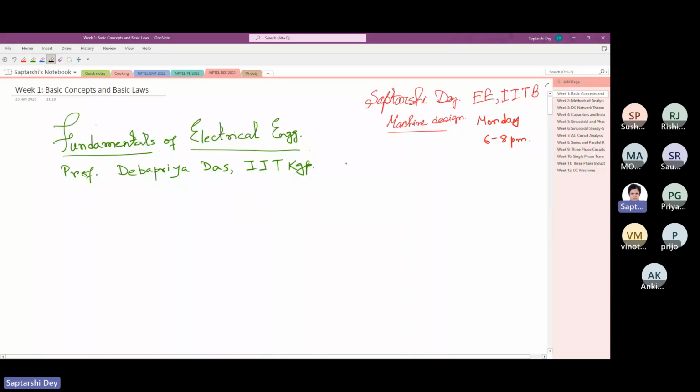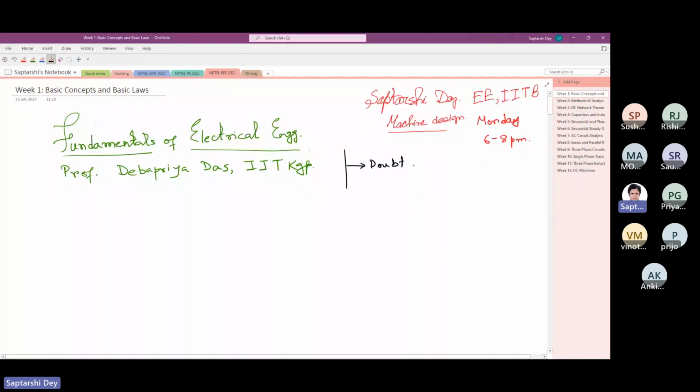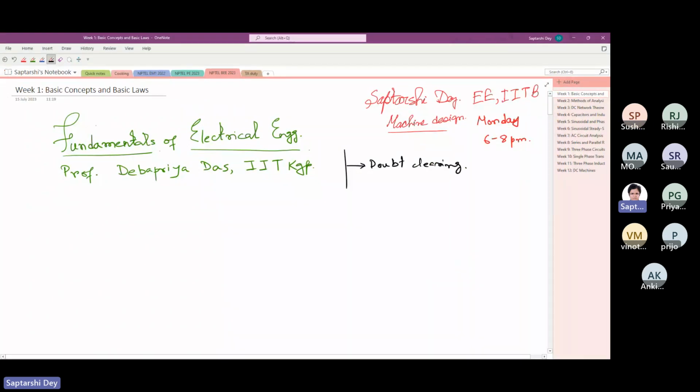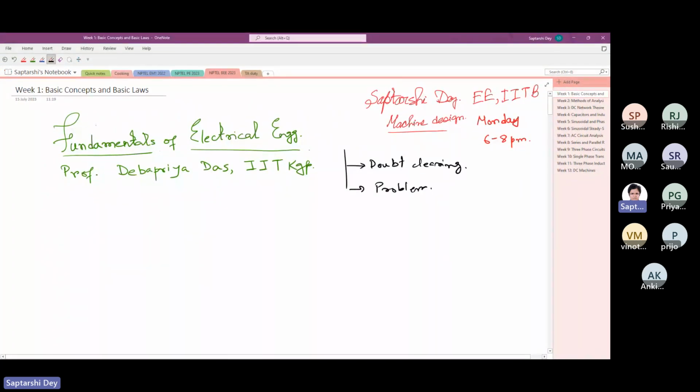What I generally do is, at the very beginning of the class, start with doubt clearing, that is, if you have any doubt from the lectures of this week or maybe previous week. Today is the first week only. Then we go for problem solving. Mostly we go through the problems of last year's assignments, and if you have some other problems, you can ask.